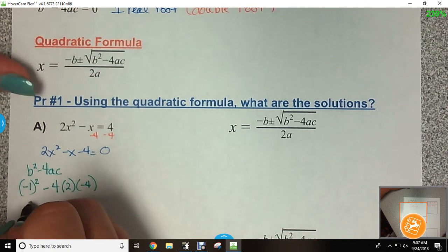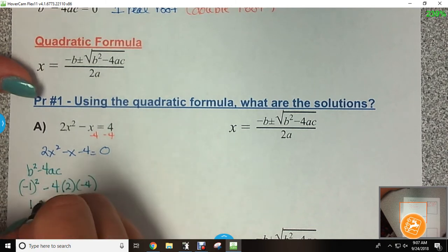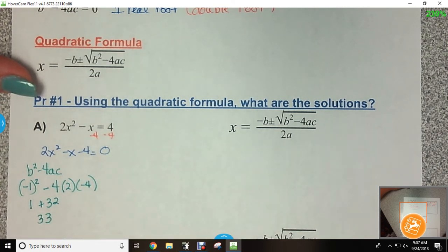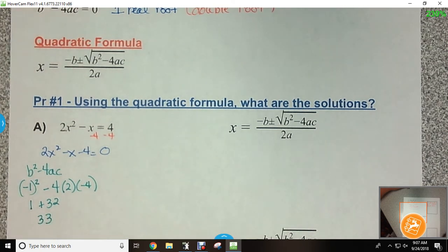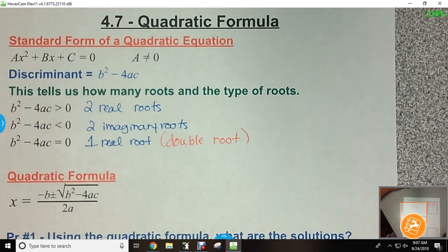So -1 squared is 1. When I multiply -4 times 2, I get -8. Times -4 is a positive 32. So combine those, my discriminant is 33. What that means is I'm going to have 2 real roots.